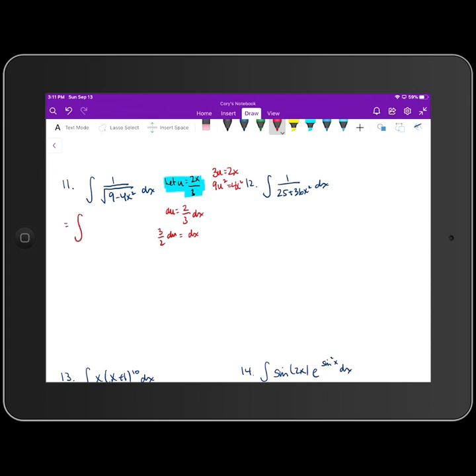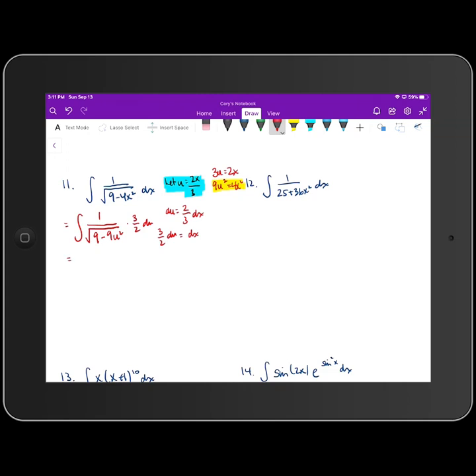So this is going to become the integral of 1 over the square root of 9 minus, and then I'm going to replace 4x squared with 9u squared. And then the last thing I'm going to do is take dx and replace it with 3/2 du.